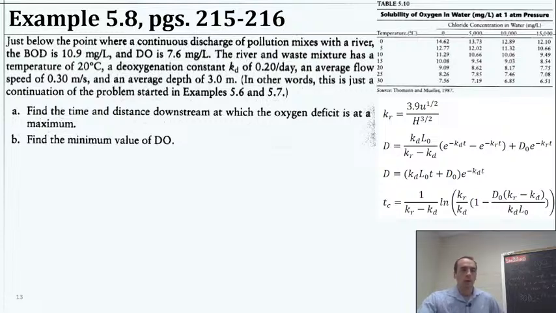The river and wastewater mixture has a temperature of 20 Celsius, a KD of 0.2 per day, average flow speed of 0.3 meters per second, an average depth of 3 meters, which apparently continues the previous problem. And it says, A, find the time and distance downstream at which the oxygen deficit is at a maximum, and then B, find the minimum value of DO.